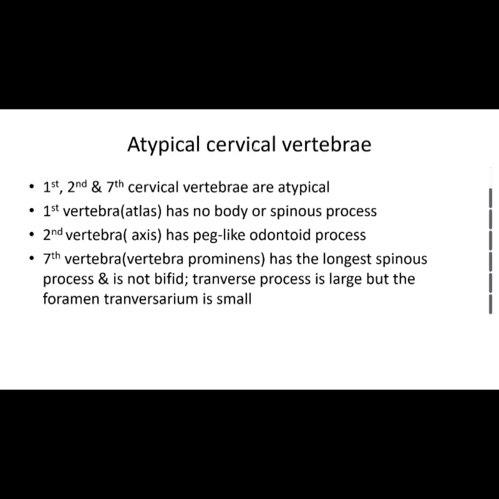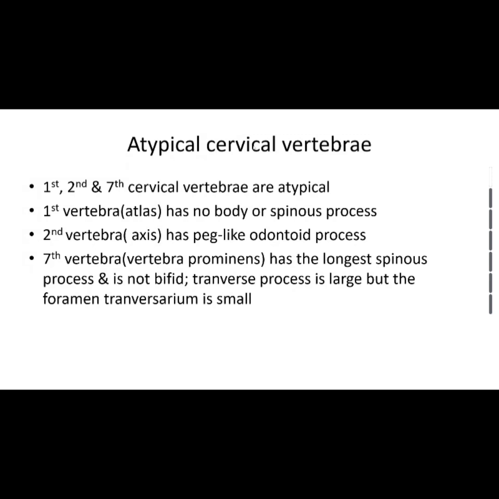And then the transverse process is large, but the foramen transversarium is small. The foramen transversarium is where the vertebral artery passes through in the cervical vertebra. So those are some of the things that make the 7th cervical vertebra atypical.